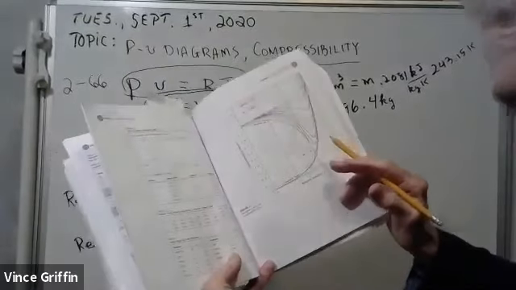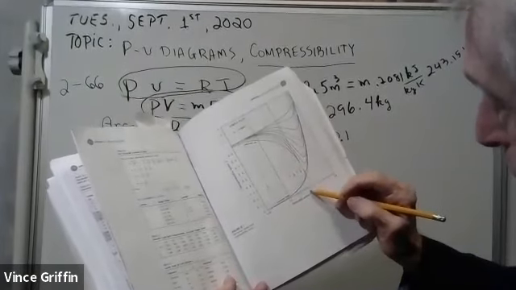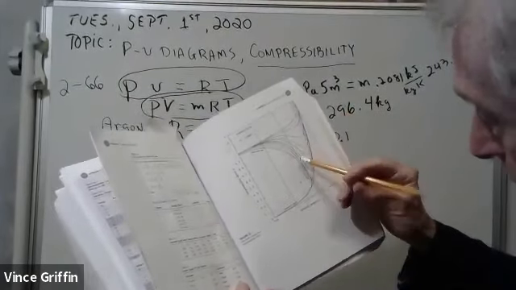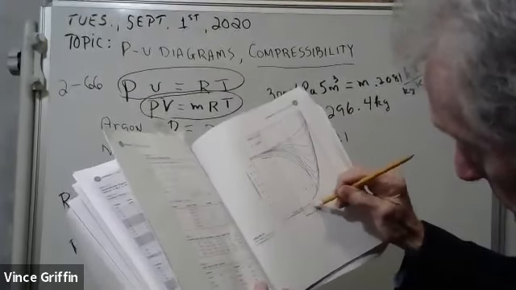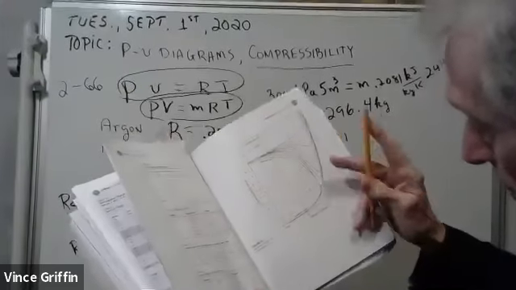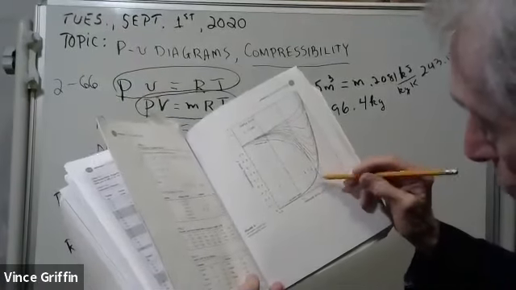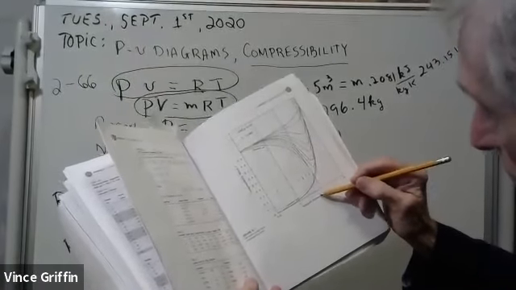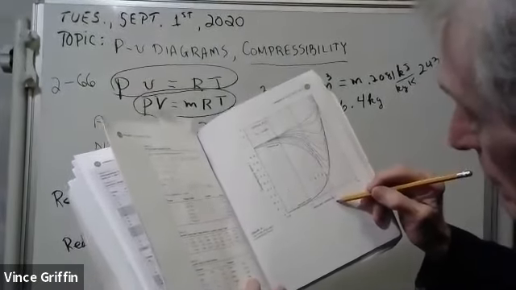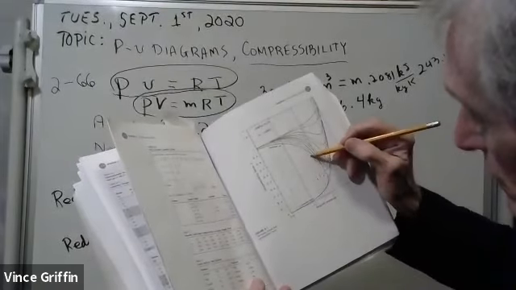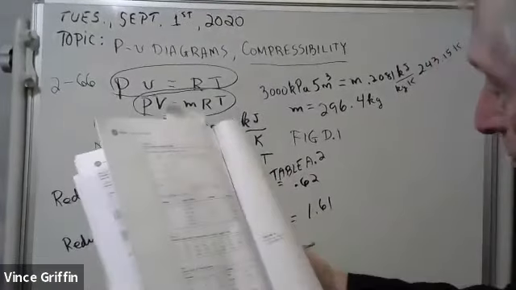Now guys, look here. There's 0.01, there's 0.1, there's 1. 0.62 would be right in here someplace. If that's 0.1, that's 0.2, 0.3, 0.4, 0.5, 0.6, 0.62 is right there where I made an ugly mark. We're going to come up here till we hit the reduced temperature of 1.6.